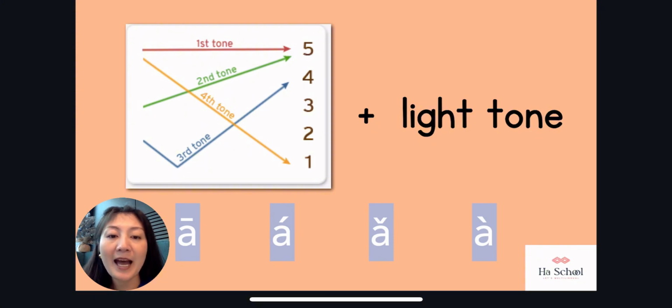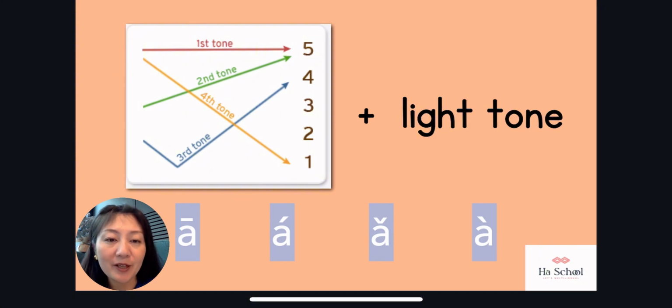For example, a. Can you tell the tone is high and flat? The second tone starts from a low pitch to a higher one. It's a rising tone. Like you're questioning.